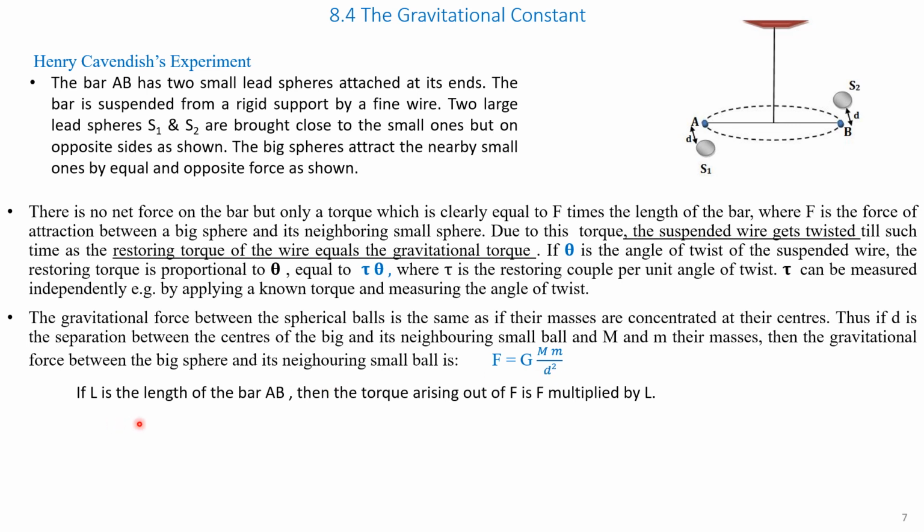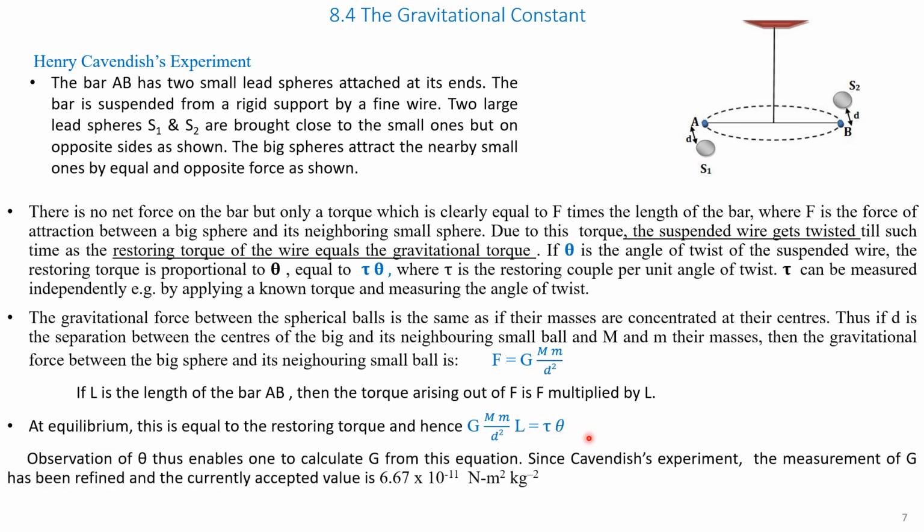If capital L is the length of the bar AB, then the torque arising out of F is F multiplied by L. Therefore, at equilibrium, this is equal to the restoring torque. Therefore, G into capital M, small m divided by d square into L equals tau theta. Observation of theta thus enables one to calculate G from this equation.